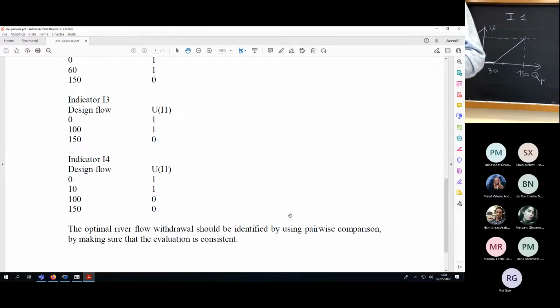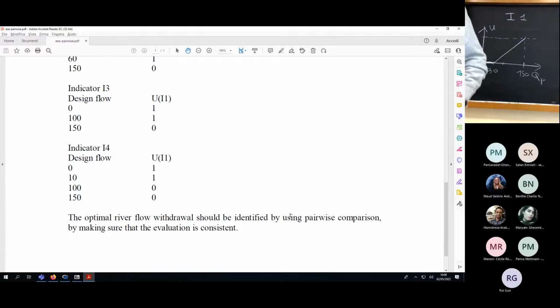Okay, and so here we are done. The optimal river flow withdrawal, the optimal design flow, should be identified by using pairwise comparison, by making sure that the evaluation is consistent. Okay. Now, our job should then be now to make a pairwise comparison 2 by 2 of these 4 criteria.